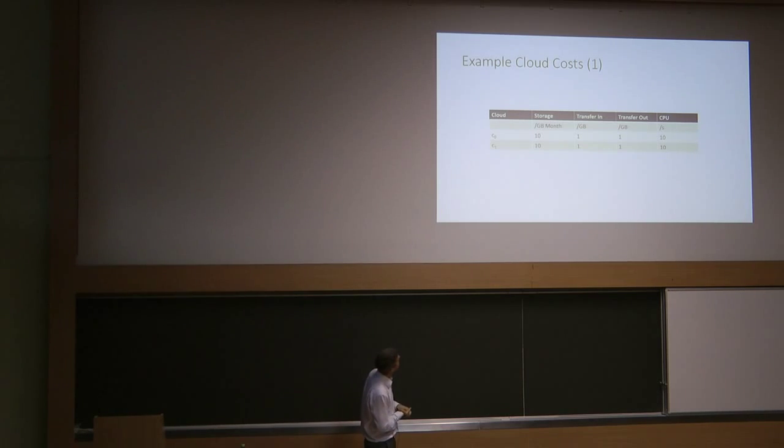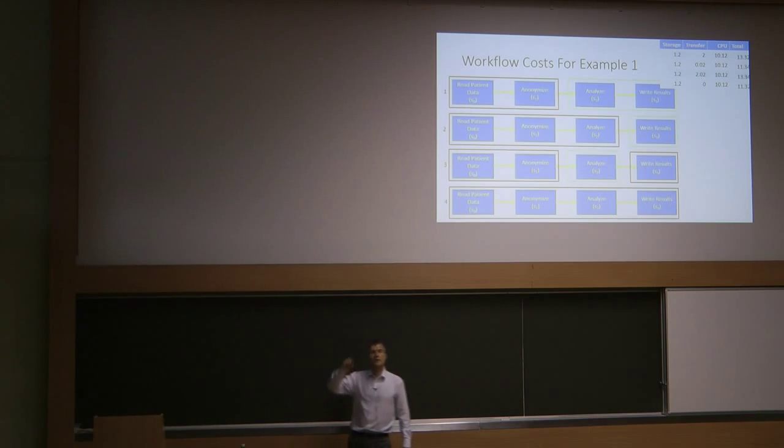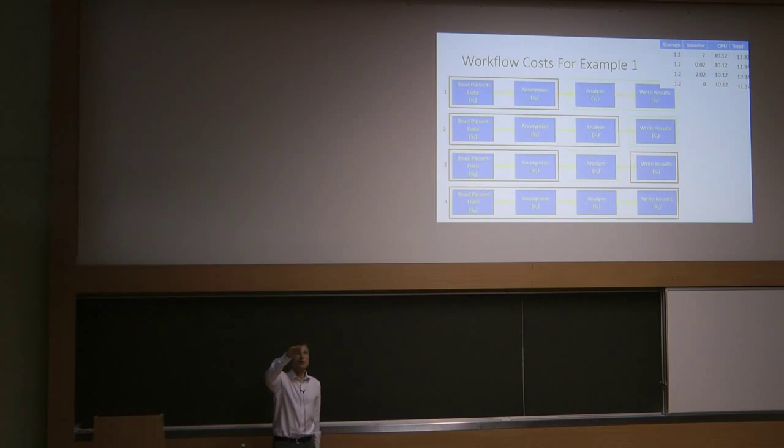I've just used very simple values, not from any real cloud provider: 10 cents per gigabyte month for storage, 1 cent per gigabyte transferred in, a cent per gigabyte transferred out, and 10 cents per second for execution time. If we do that, we can go through all of these different options and come up with those costs, which I hope you can see on the right-hand side.